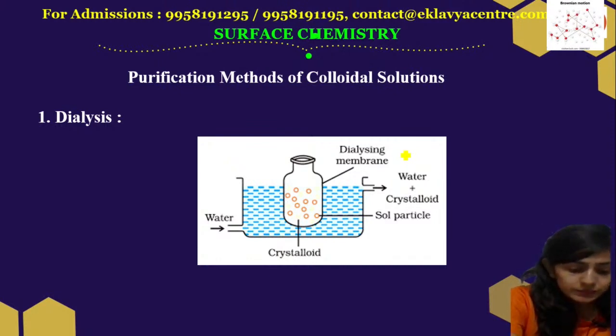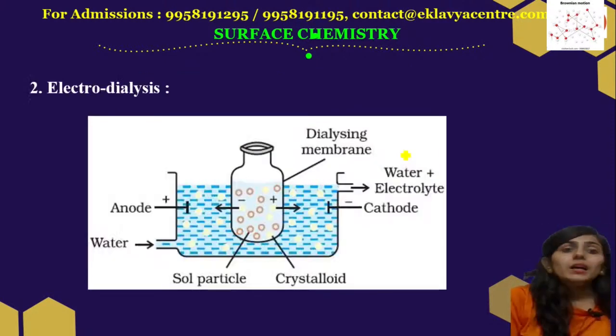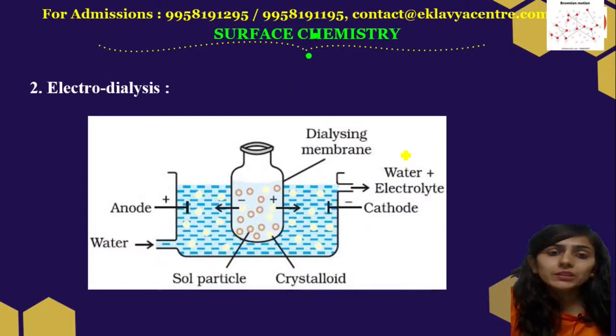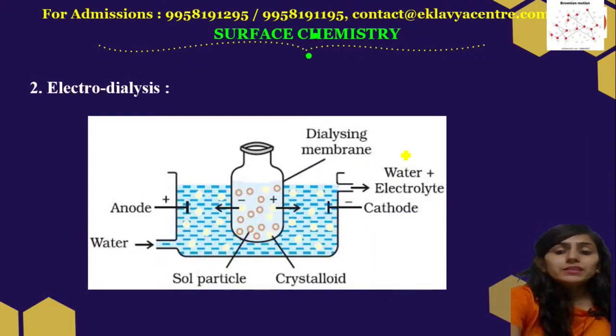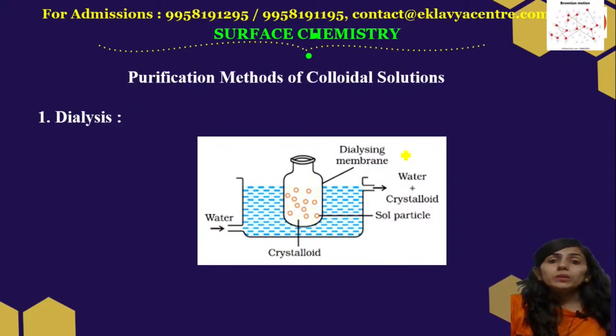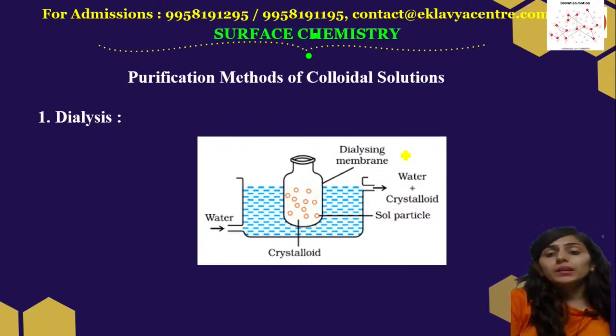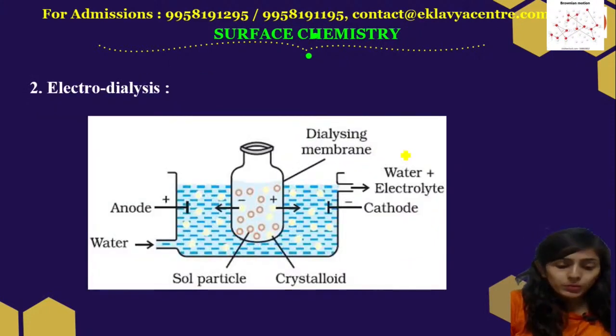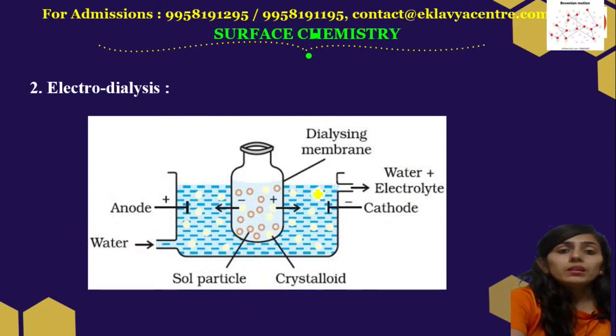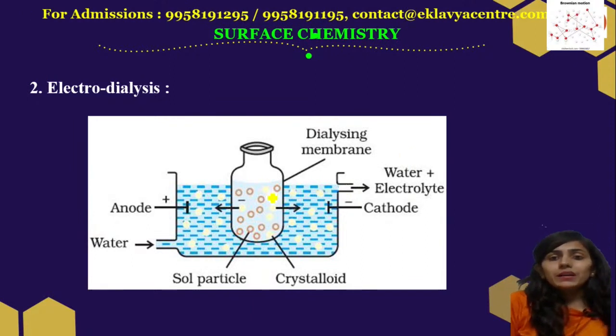Next we have electrodialysis. Now what is electrodialysis? The dialysis process is very slow in nature and takes a long time, so we have the electrodialysis process, where we carry out the process in the presence of electricity. We know that we have sol particles as well as crystalloid present in the sol.